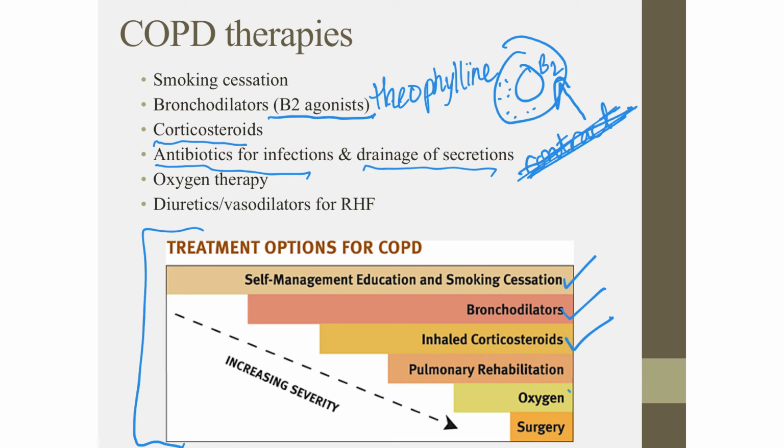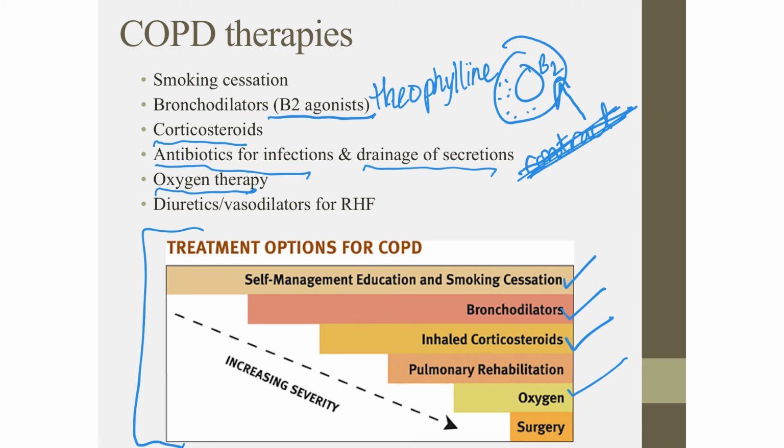Oxygen therapy needs to be added after a little bit to supplement especially when there is shortness of breath at rest. That's when we'll have to have definite supplementation.